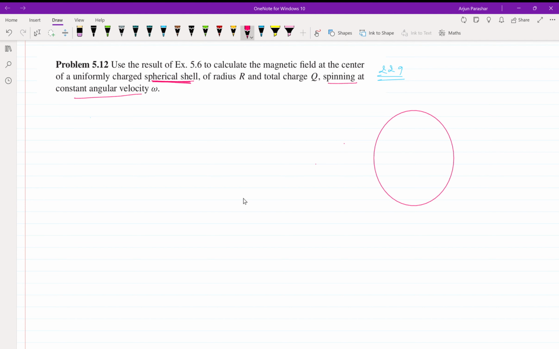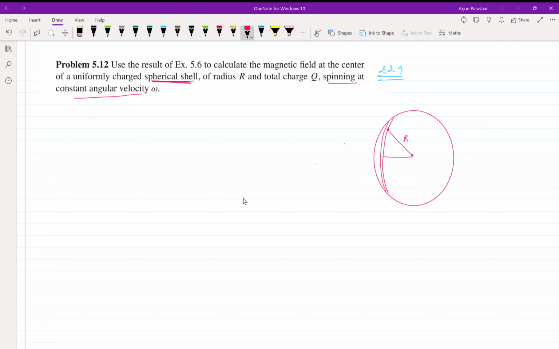So simply, if all the things are on the surface, we can consider a small strip like this on this spherical shell, such that it is at a distance. You can say that this is actually r. This is at the surface of the spherical shell.